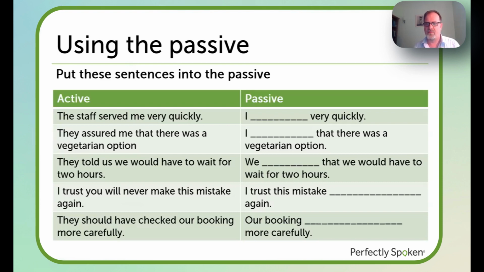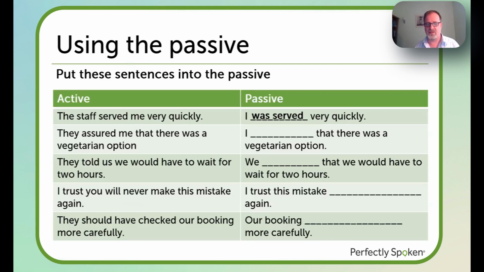In the passive, remember we use the verb to be plus the past participle. Served is in the past, so we use the verb to be in the past, "I was", and then the participle, served very quickly. I was served very quickly. This is the passive version of "the staff served me very quickly."